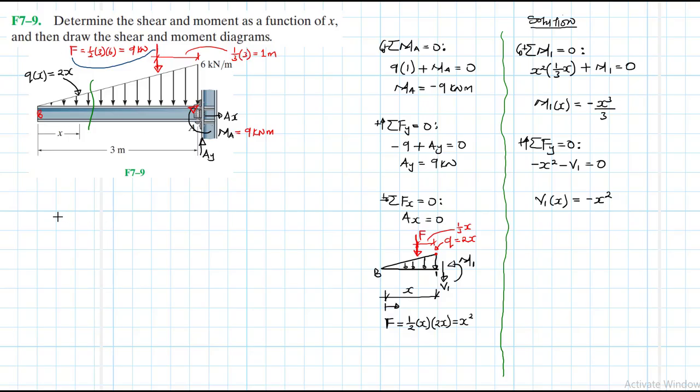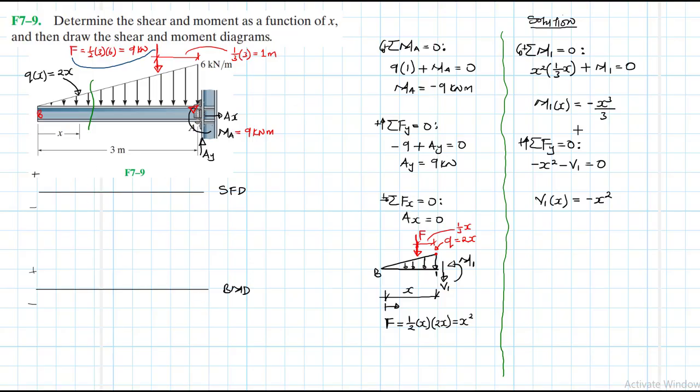So let's put our line there for our shear and maybe our moment somewhere there. We have positive, negative, positive, negative. This is the shear force diagram, and this is the bending moment diagram.